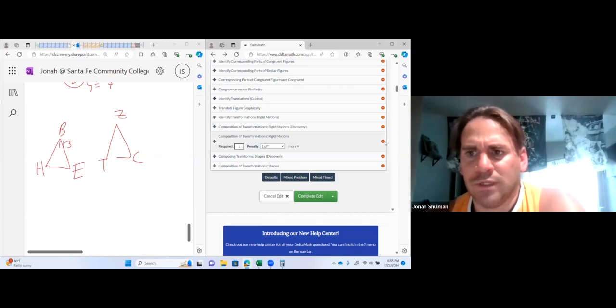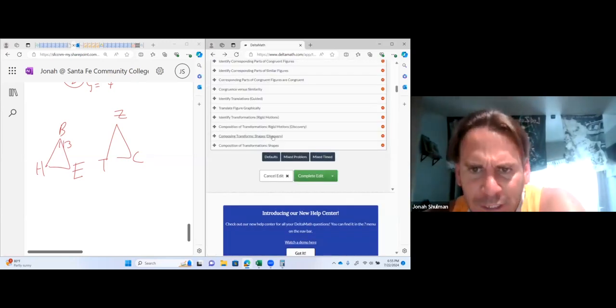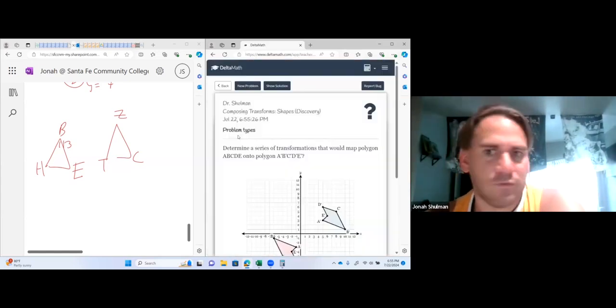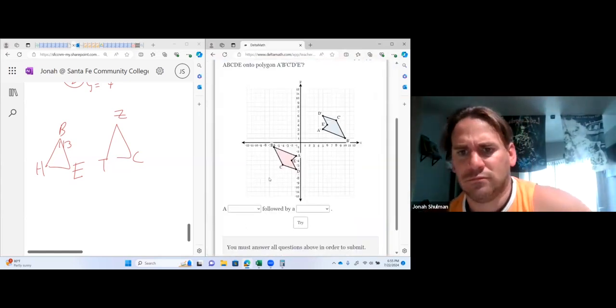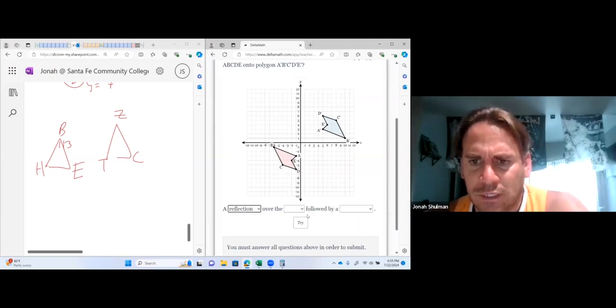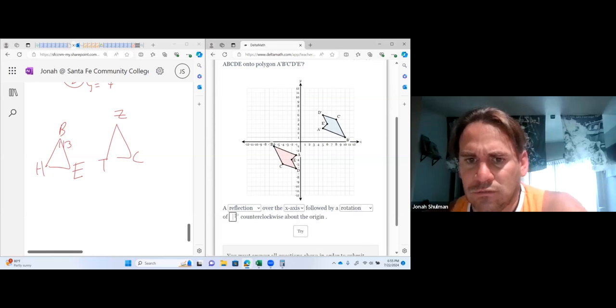Well, you don't have to do it twice, so we're taking this out. And we're gonna do the discovery, but not this one. Well, let's see what it looks like first. So this is a reflection over the x-axis, followed by a rotation. Let's go 90.